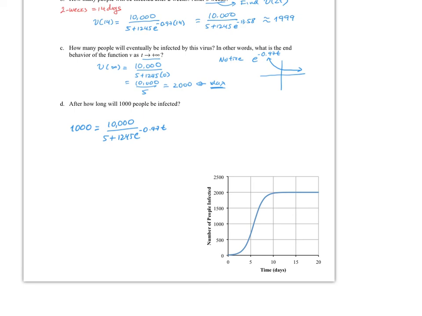From the graph, 1,000 is right here, which you can see is around 6 days. In next week's lecture notes, you'll find a precise way to find this. But for now, by just looking at the graph, you can see that it's around 6 days. And that's it, people.